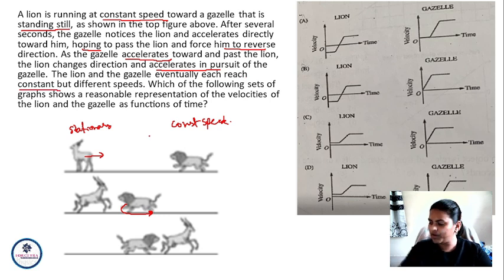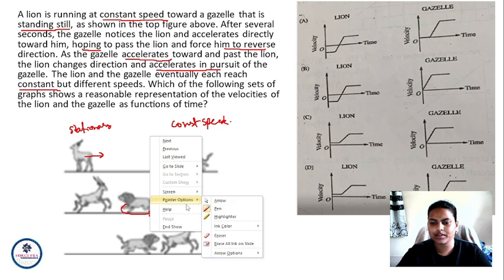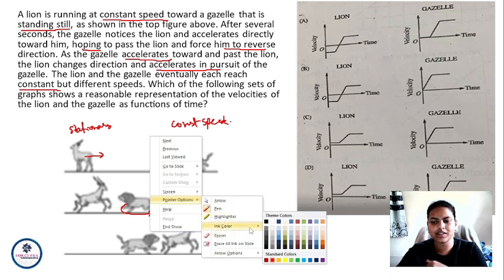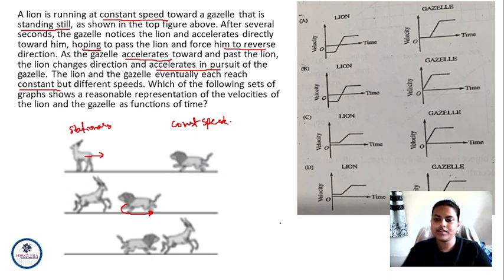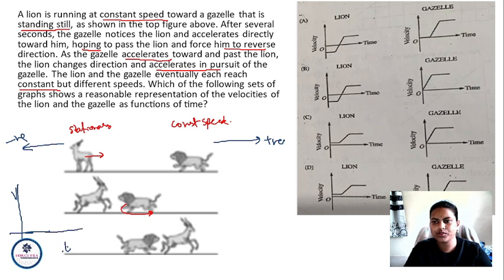First of all, let us assume that on one side we consider the positive direction and on the other side the negative direction. So this is positive x, and this is negative. Now we have to draw the velocity upon time graph for the gazelle. Initially it was stationary.